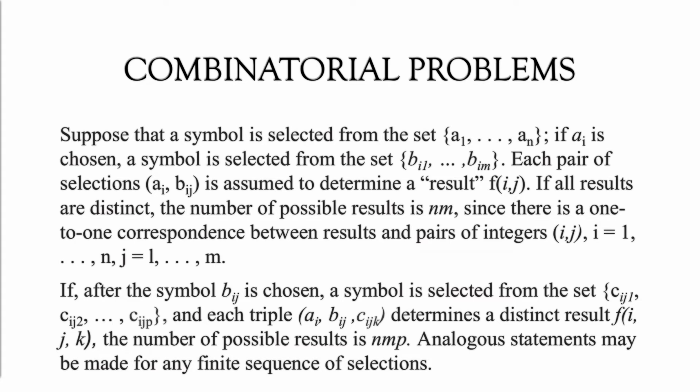Each pair of selections, a sub i, b sub ij, is assumed to determine a result, a function of the ordered pair ij. If all the results are distinct, the number of possible results is the product mn, or nm, since there is a one-to-one correspondence between the results and pairs of integers ij, where i is equal to 1 to n and j is equal to 1 to m.